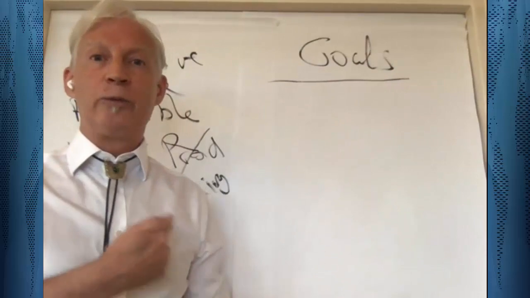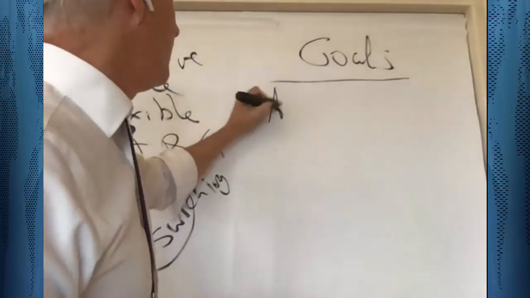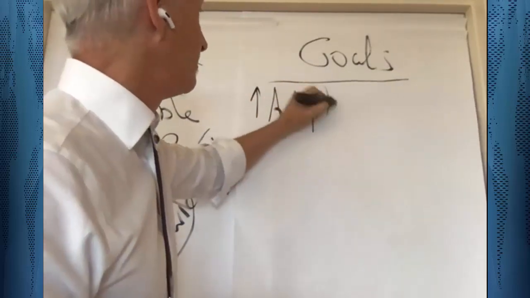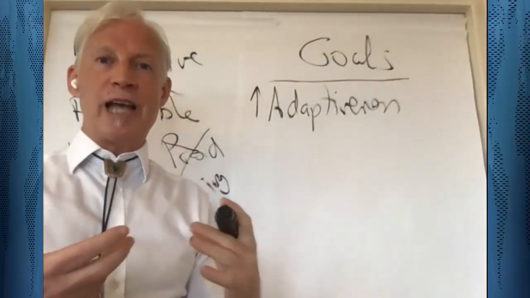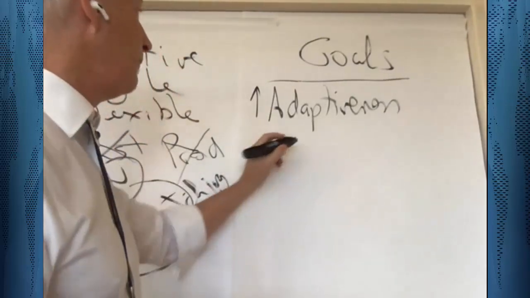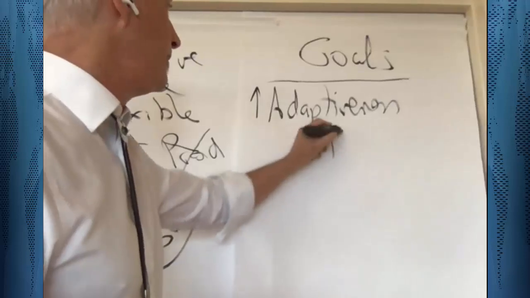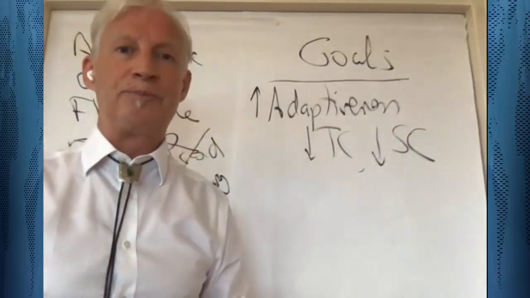Well, one, as we've just alluded to, is increasing adaptiveness. Now that we've looked at adaptiveness in terms of transaction costs and switching costs, an inverse way of saying that is reducing the transaction costs and reducing the switching costs.